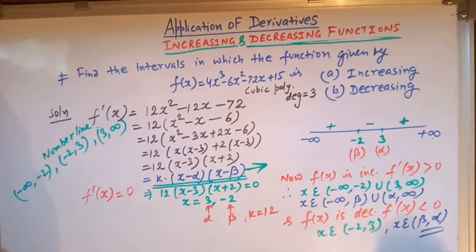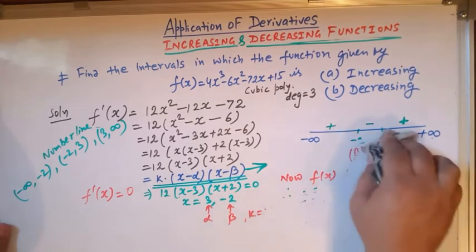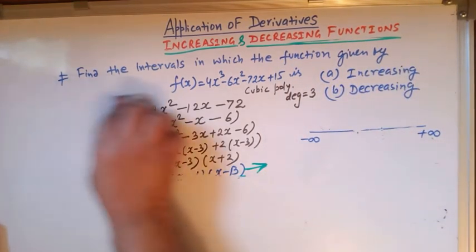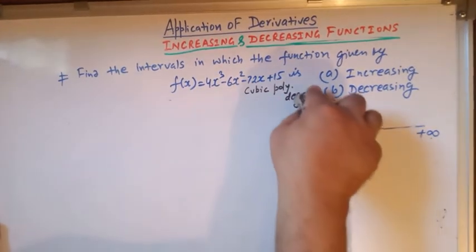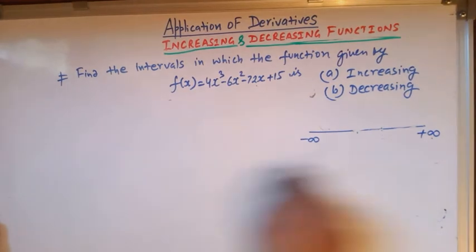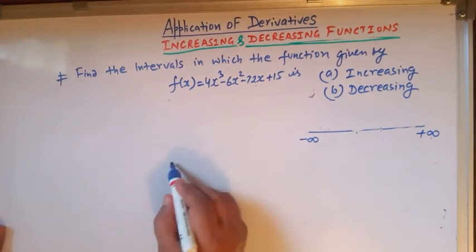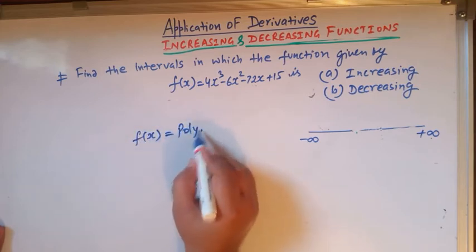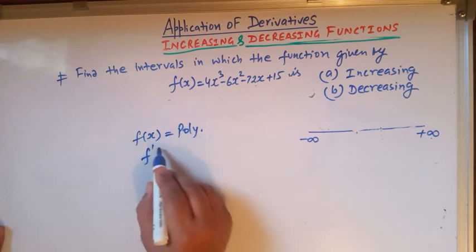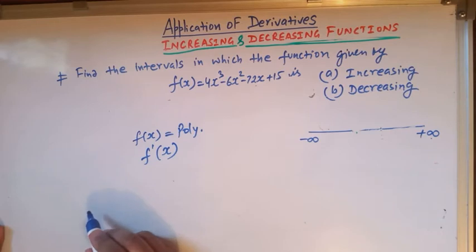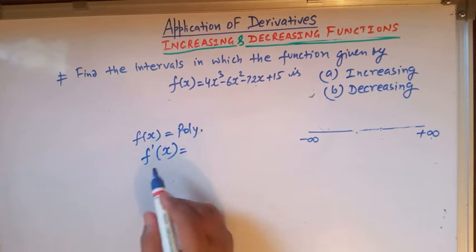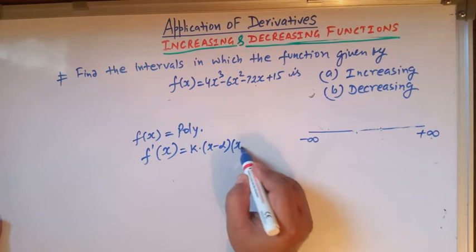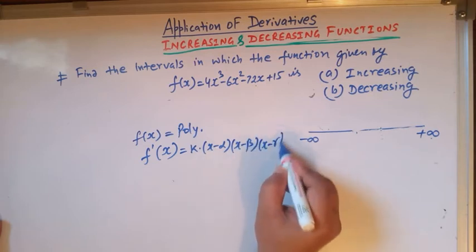Now viewers, here I would like to mention one thing, and that is, suppose f(x) is a polynomial, and we find the derivative of this polynomial, and if we are able to express it in this form, k times (x minus alpha)(x minus beta)(x minus gamma), say.